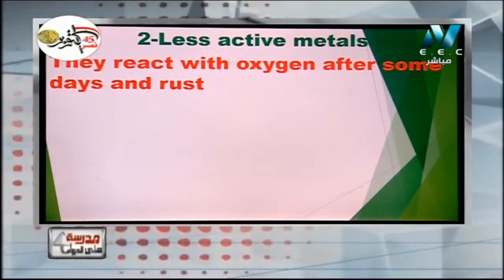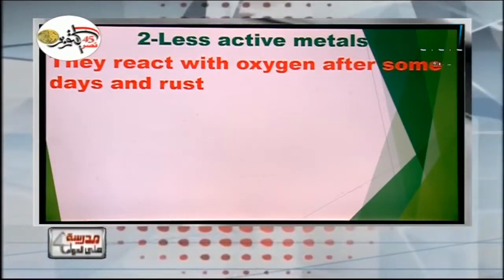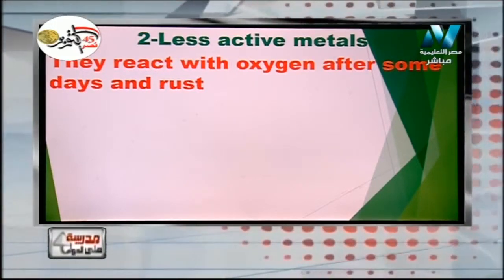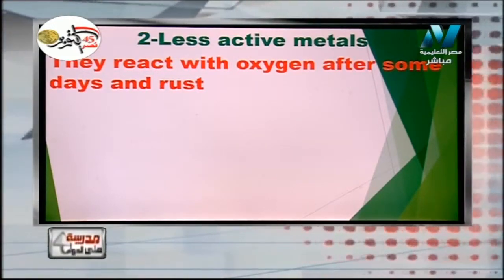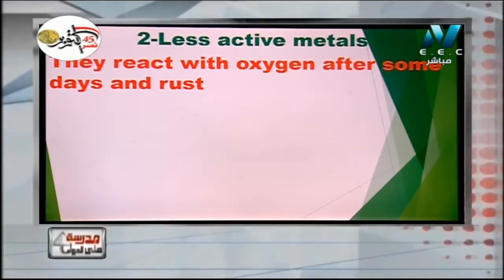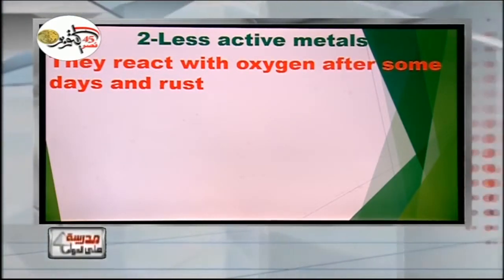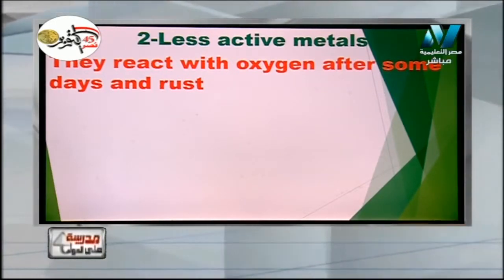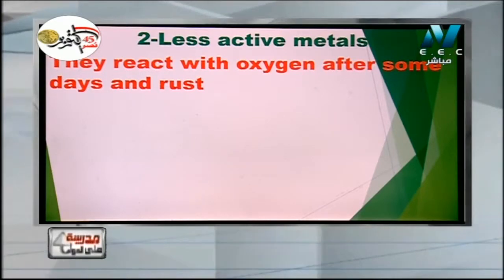And now, number 2, less active metals. From the title, they are the metals that react with oxygen after some days and rust. Not quickly, not in a short period of time, but they need time to react with the oxygen, after a few days, and rust.